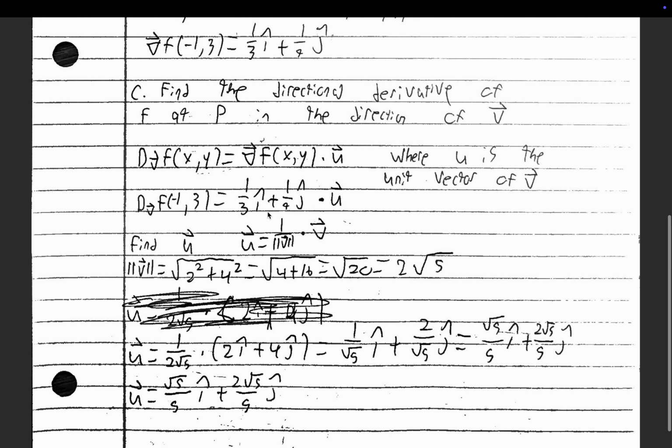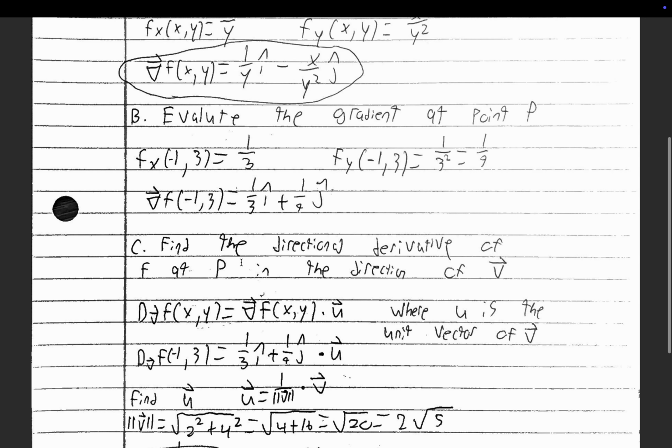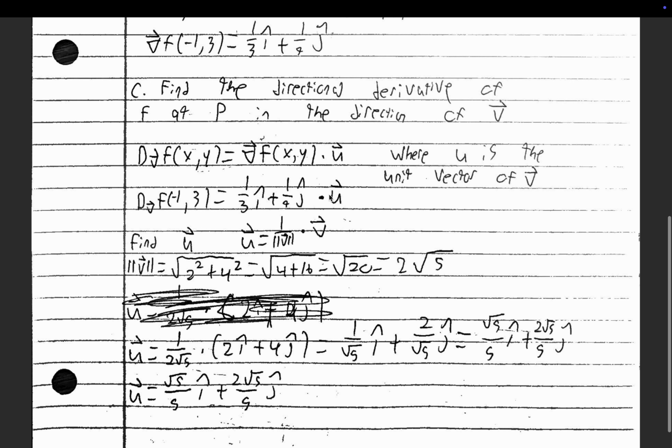I substituted in the gradient that we got from question B, and what we need to find here is u. u can be defined as 1 over the magnitude of v times v, which is how we get the unit vector of v.